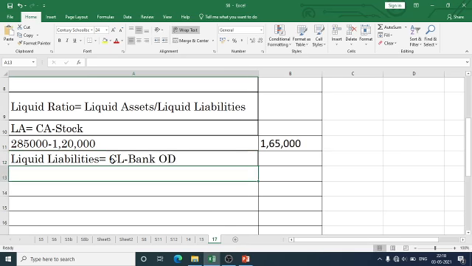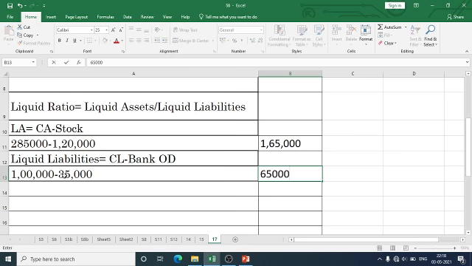So current liability we already know is 1 lakh. From 1 lakh we need to subtract 35,000. So the liquid liability will be 65,000.